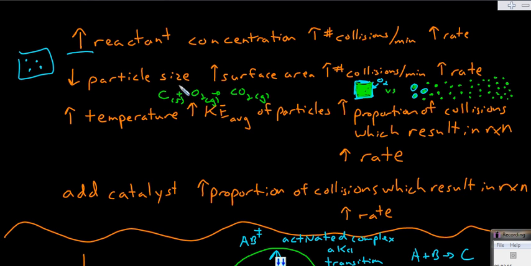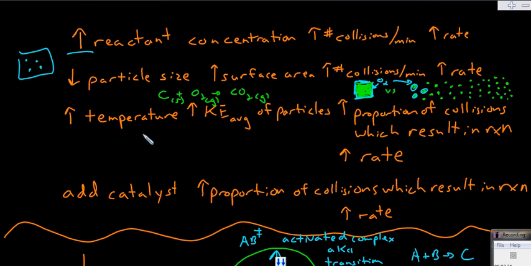So by decreasing particle size, you increase surface area, hence you increase the number of collisions that might occur in a given minute between a gas and a solid, say, and therefore you increase the rate. And so you can find that coal dust or other dusts, for example, in storing crops, can be extremely explosive compared to the solids themselves.